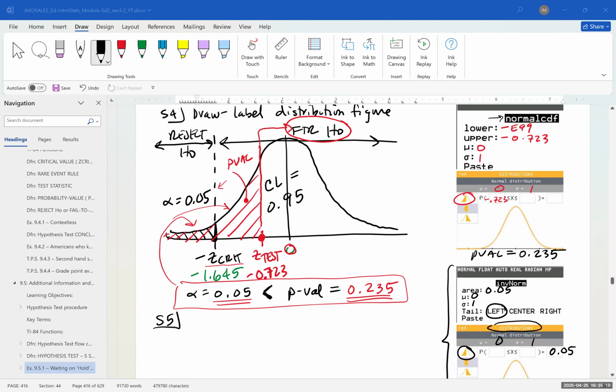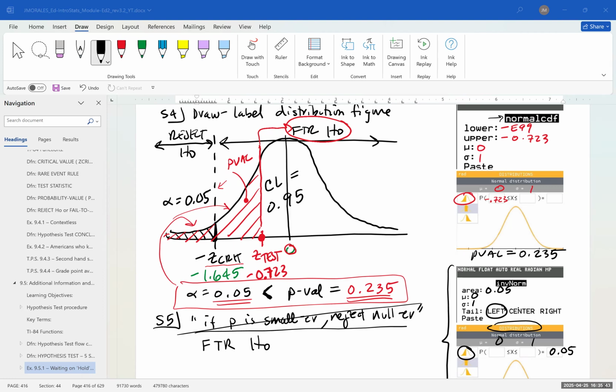Okay, so step 5 is if p is smaller, then reject the null. But in this case, this is not true. So what we're going to do is fail to reject the null.